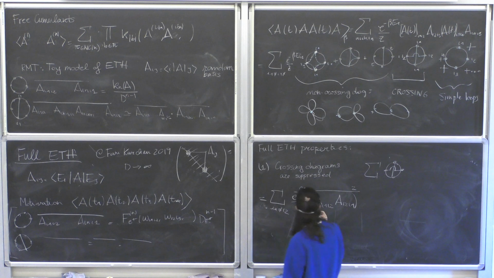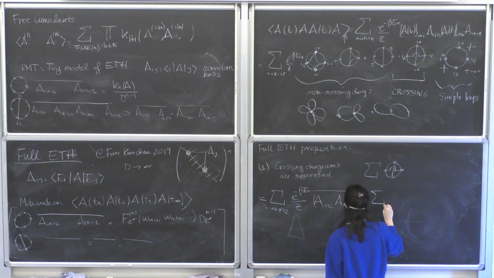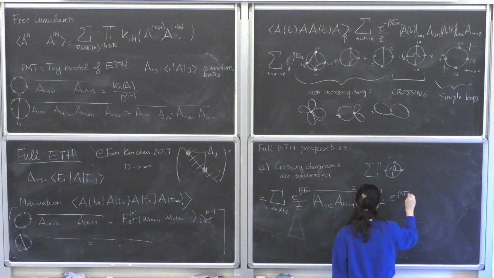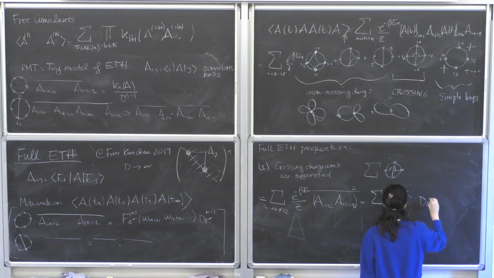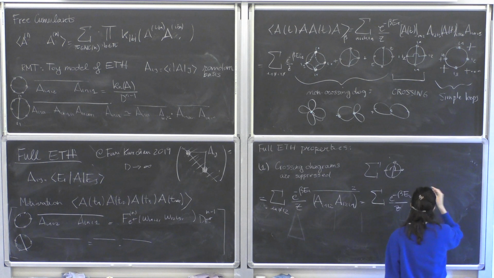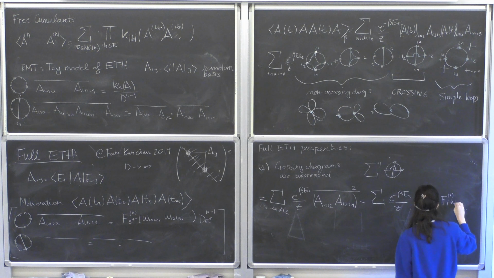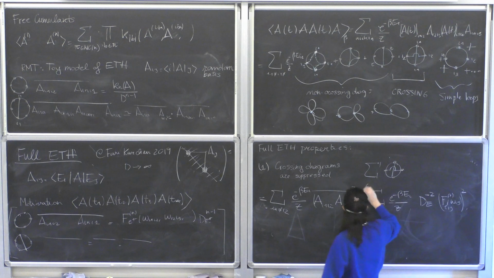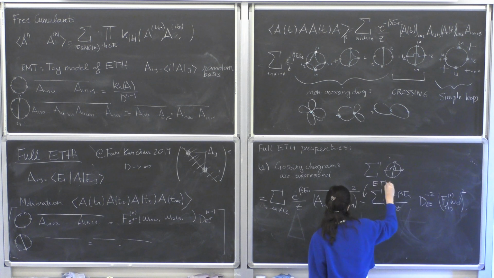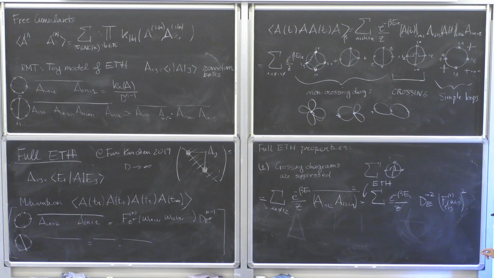That will give me the density of states to the power minus 2, and then the smooth function at the second order squared. So I'm using ETH here. Actually, there is also the time dependence.